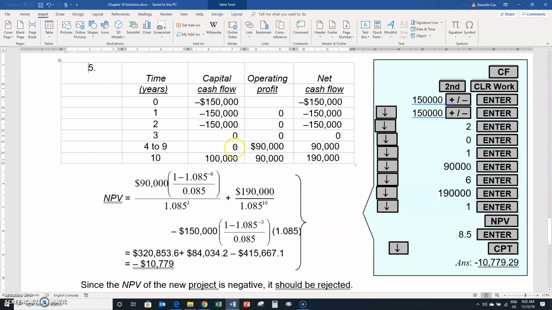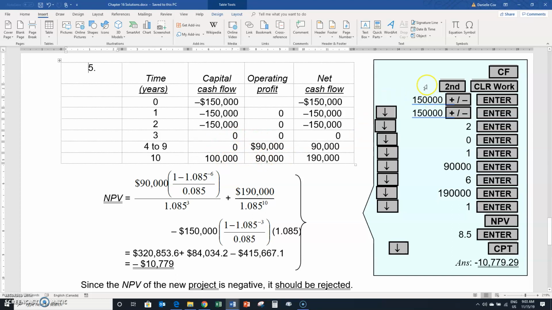So from years 4 to 9, you're going to have just the $90,000 in operating profit. But in year 10, you're going to have that $90,000 plus the $100,000. So when you write it out, you can see there is a gap here. And when you have your cash flows, if there are 2 flows in 1 year, you add them together.